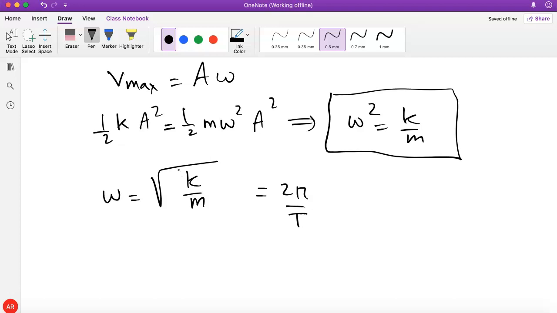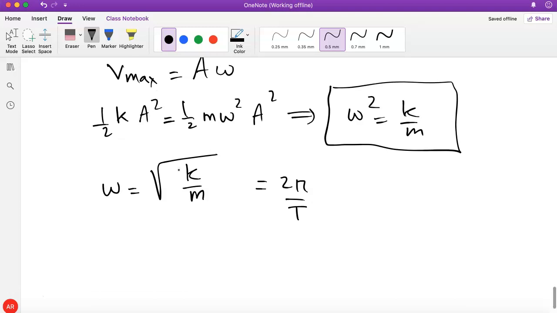If k gets larger, it means you have more force for the same displacements. That gives you larger accelerations because F is equal to ma. So that speeds things up. So it's a very sensible result.